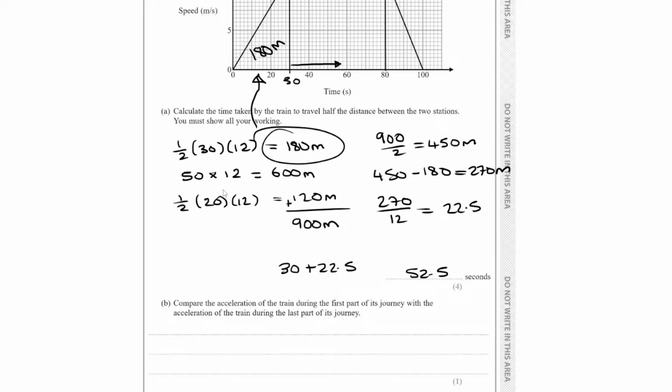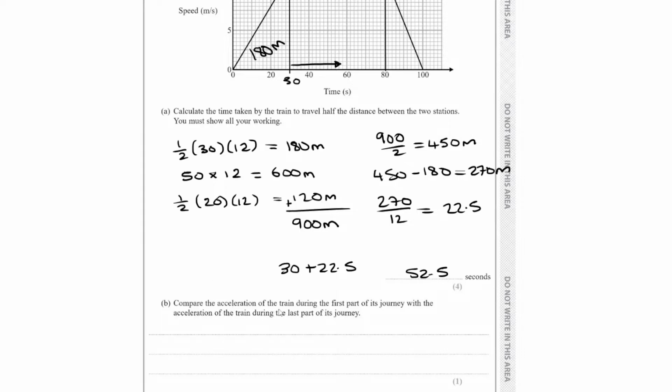I had to take away the 180 meters already accounted for from the triangle, and then see how much further I needed to go once I hit the rectangle, if that makes sense. That's why I did that, just because they were different shapes. If they weren't different shapes, then I wouldn't have done that.